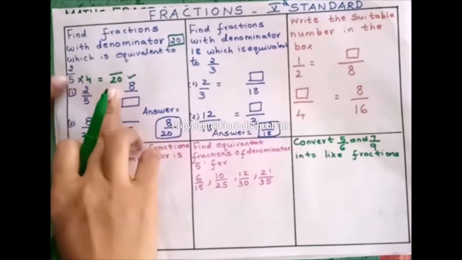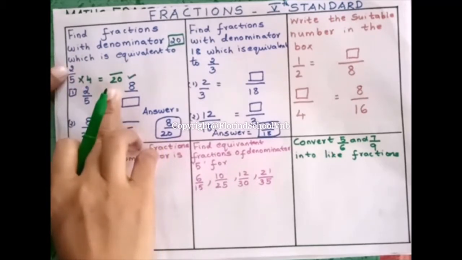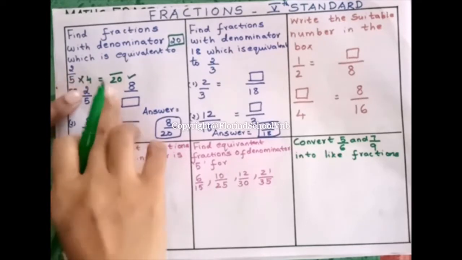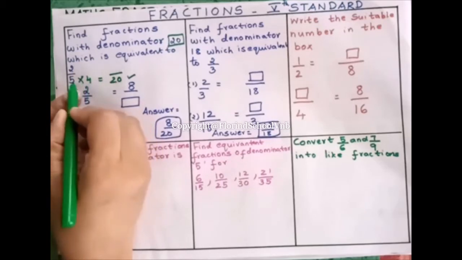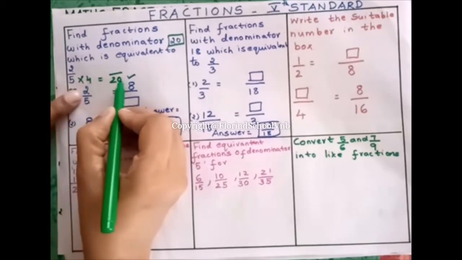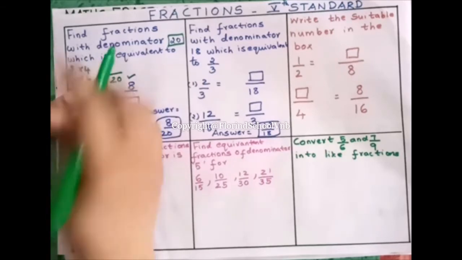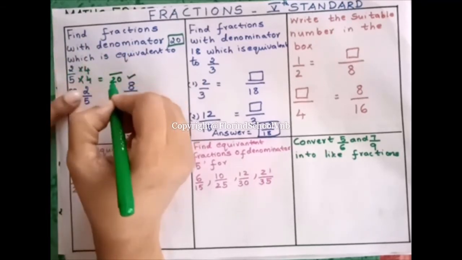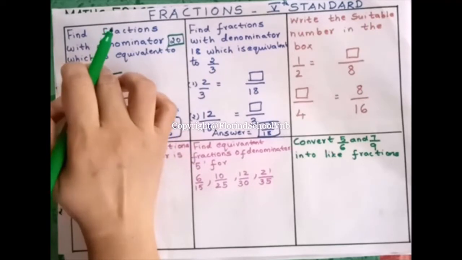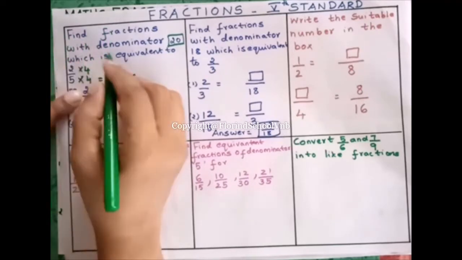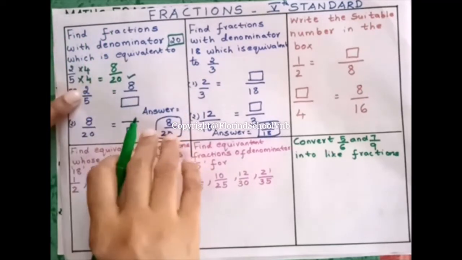So with what number should we multiply the numerator? Numerator also should be multiplied by 4. When the denominator is multiplied by 4 to get 20, the numerator should also be multiplied by 4. 2 fours are 8. 8 by 20.